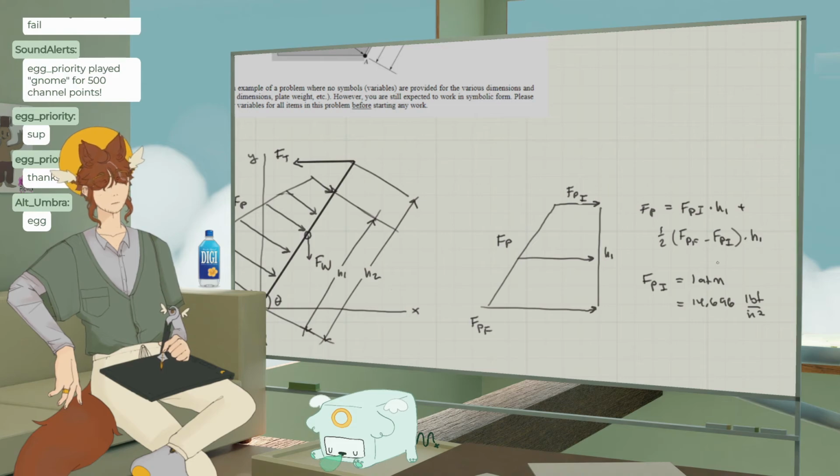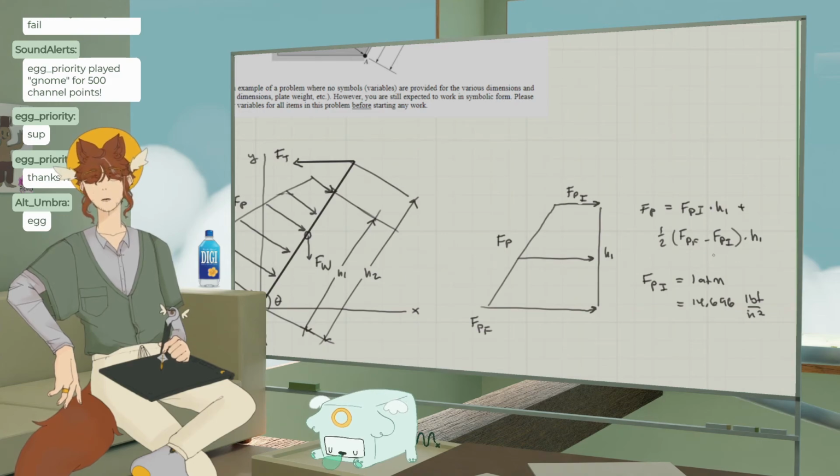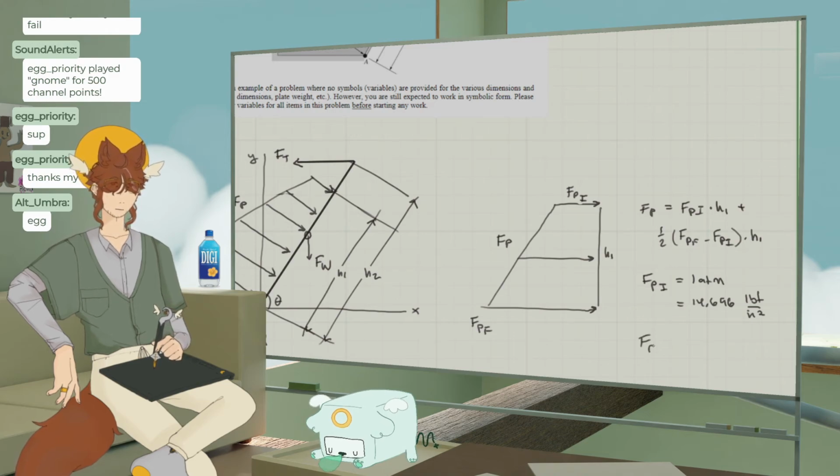We are in feet, which sucks, I guess. Do I have it in feet? Man. No. Of course not. And then FP final is what? Let's see. Equals rho g h, or you know what?